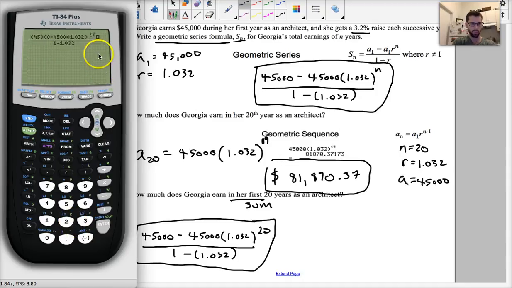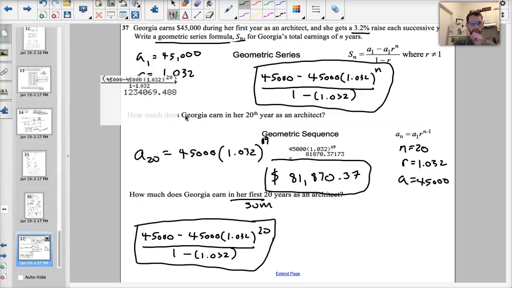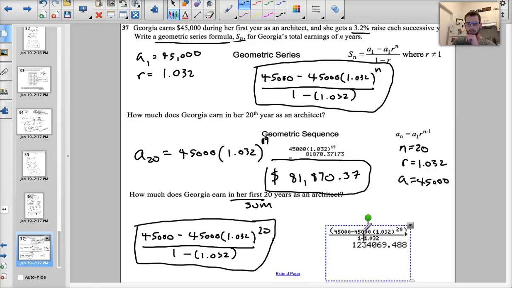I have an overflow error, and that is because I accidentally messed something up there. So I'm going to insert a parenthesis, and then there. That should do it. I don't know why I have an unmatched parenthesis there. I hope that's not a problem. Oh no, there it is. Okay. So there we have it.